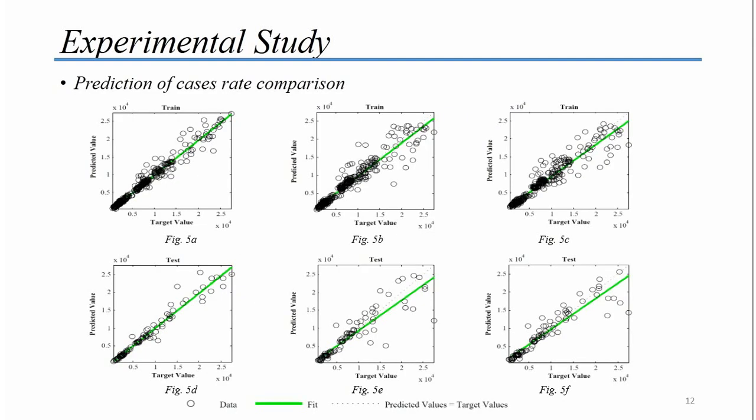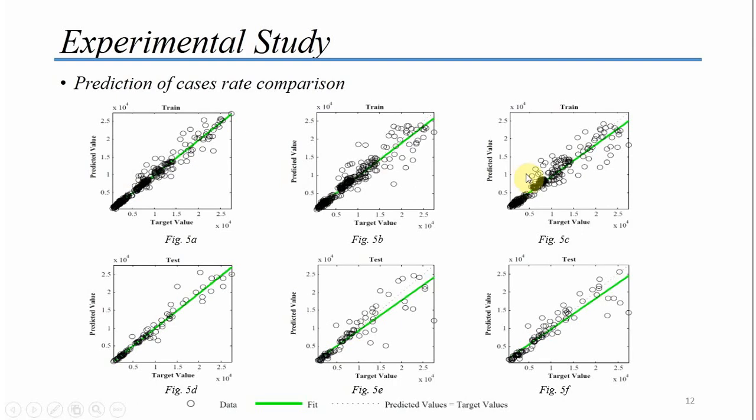Prediction of cases rate comparison. The following figures illustrate the plot diagram for the DMHS-GMDH, MLP, and original GMDH models. The vertical axis represents the predicted values as the output values of the models, and the horizontal axis shows target values as the actual observations. Figures 5A, B, C, D, E, F illustrate the results of the DMHS-GMDH, original GMDH, and MLP models for the COVID-19 cases rates, respectively.